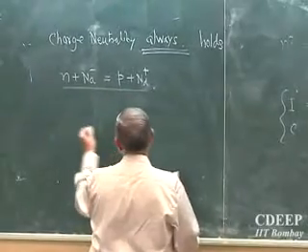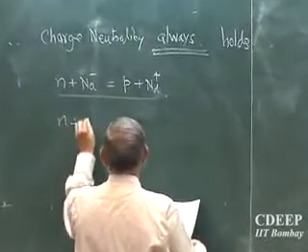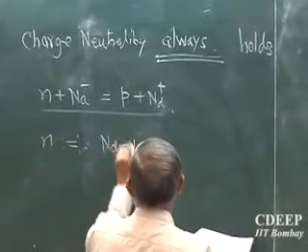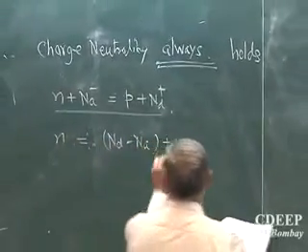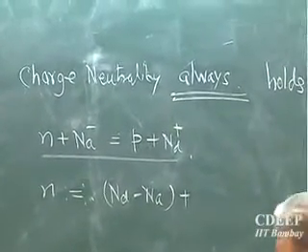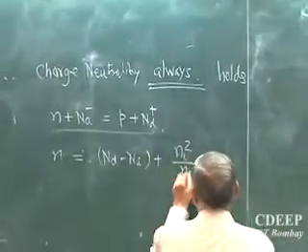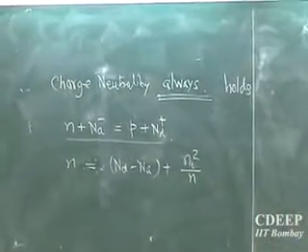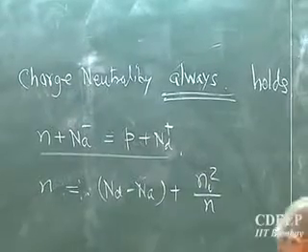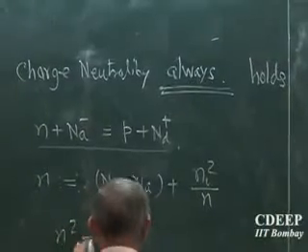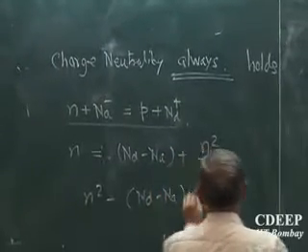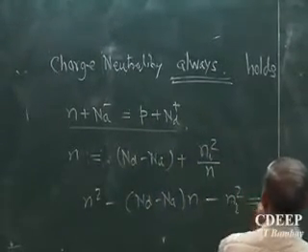Now, if this is so, I can do something. N is equal to ND minus NA plus p. Can I replace p by what? Is that correct? So n is equal to ND minus NA plus ni square by n. Right? I can rewrite this expression: n square minus (ND minus NA) n minus ni square equals zero.